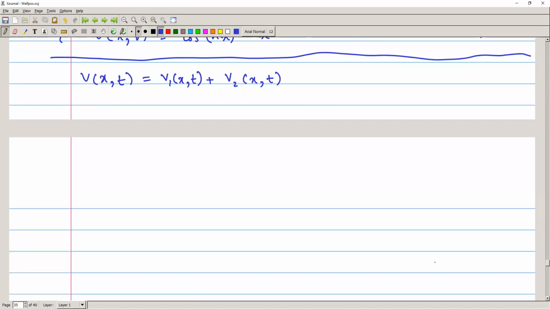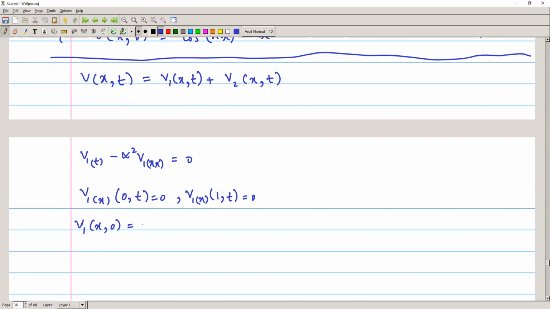So now the equation for v1 will be v1_t minus alpha squared v1_xx is equal to 0 with the homogeneous boundary conditions: v1_x(0, t) will be equal to 0, v1_x(1, t) is equal to 0, and then v1(x, 0) is equal to cosine pi x minus x.